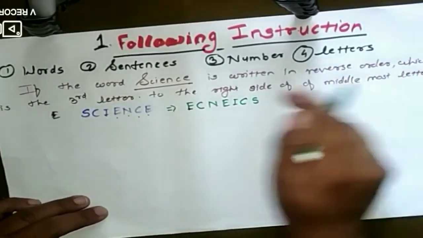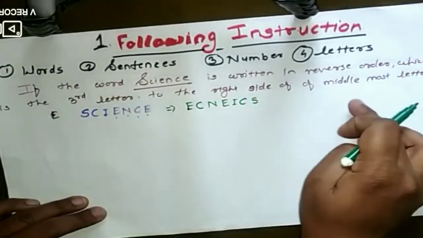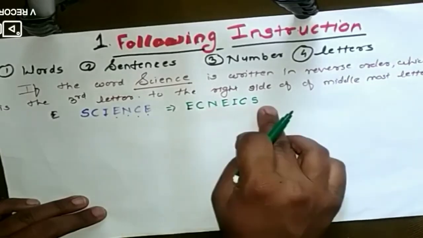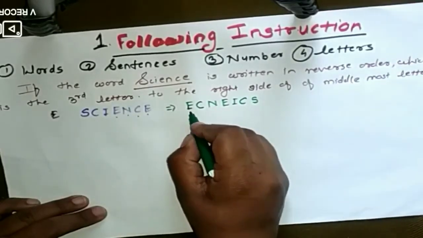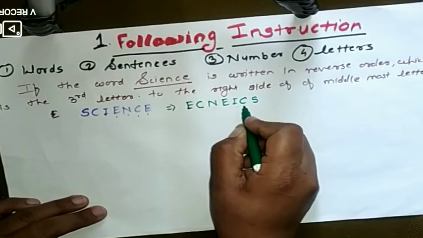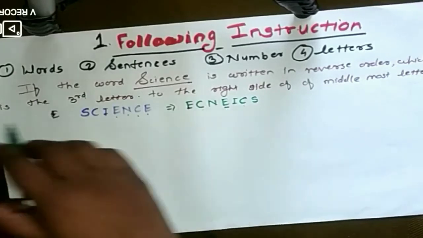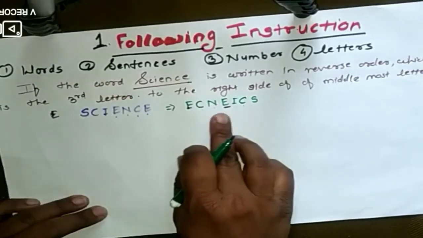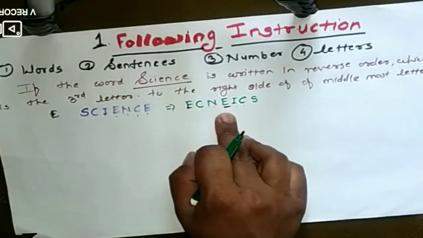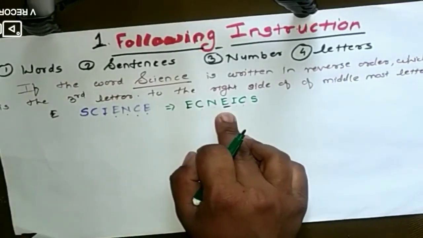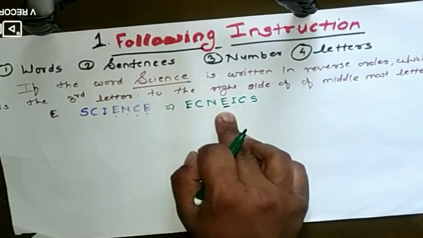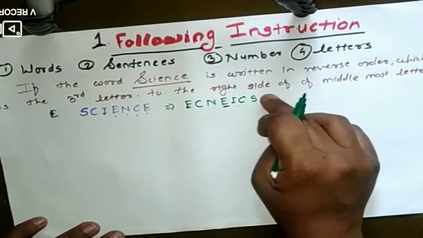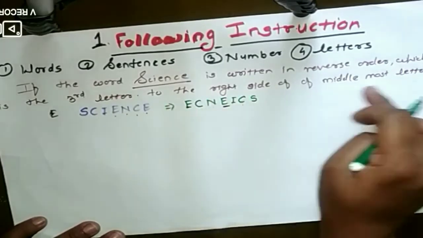So what is the question? Which is the third letter to the right side of the middlemost letter? We have to find out how many letters are there in science: 1, 2, 3, 4, 5, 6, 7. Seven means the fourth is the middle letter. So from the middle letter, they are asking for the third letter to the right side of the middle letter.